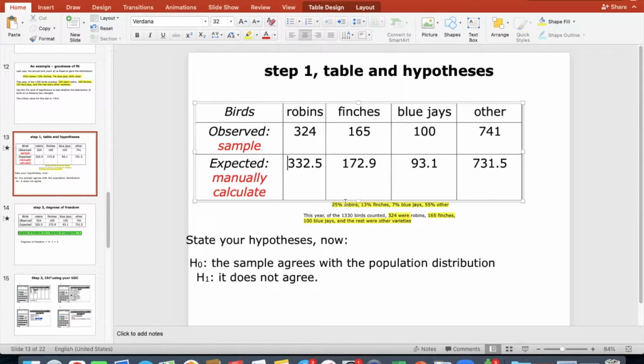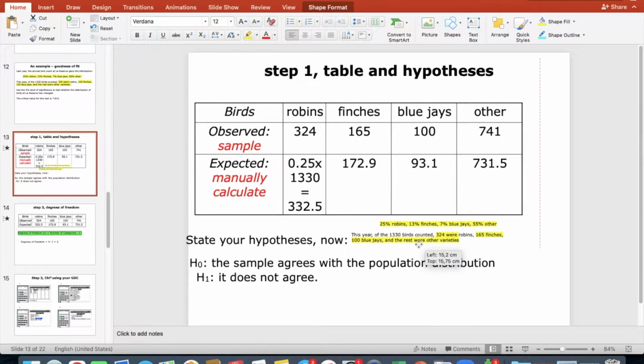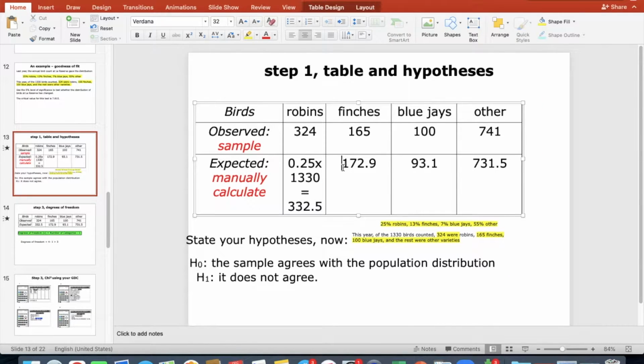Well, the way you do that is by using each of these percentages. So you take the 25% for robins and change it into a decimal, 0.25, times by the total amount, 1330. And we're going to say the answer is 332.5. And then we'd repeat that process.